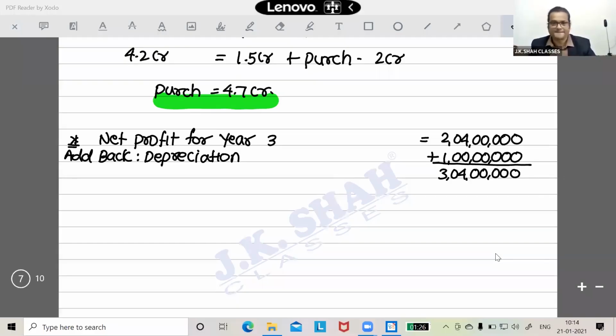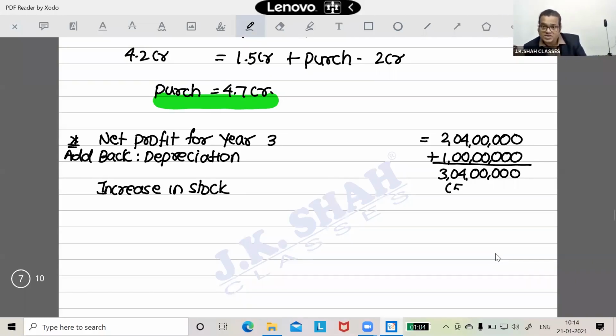See, there is an increase in stock during the year. We only calculated that it increases by 50 lakh, right? So this increase in stock of 50 lakh, people, definitely my cash will go away. Did you understand what I say?